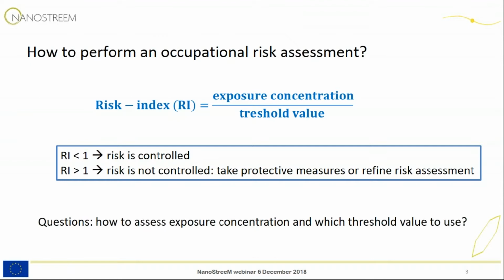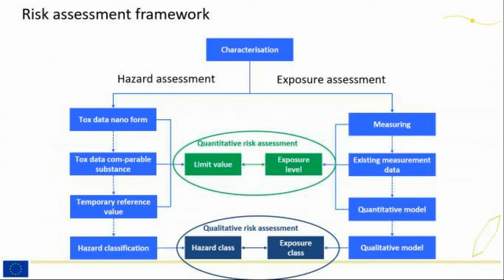To inform you a bit about this, we have to take a look at the risk assessment framework that we've once published. In this kind of tree, you see 2 branches. One is on hazard assessment, one is on exposure assessment. The hazard assessment, of course, is related to the threshold value, and exposure assessment to the exposure concentration, which we both need for the risk index.